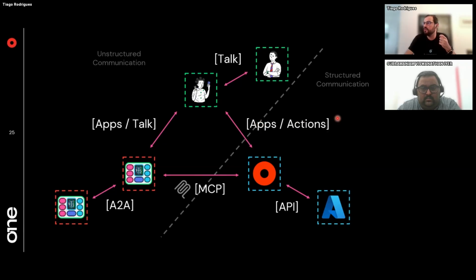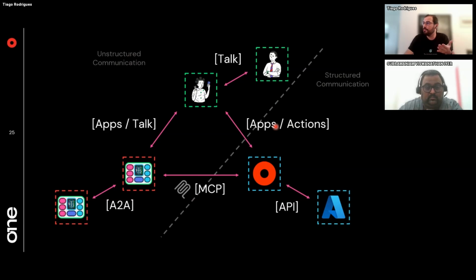And why does he do that? Because a human is in the unstructured communication side of an agent, and the system is in the structured communication. So that's why, in OutSystems, if we want to create a new employee, what do we do?